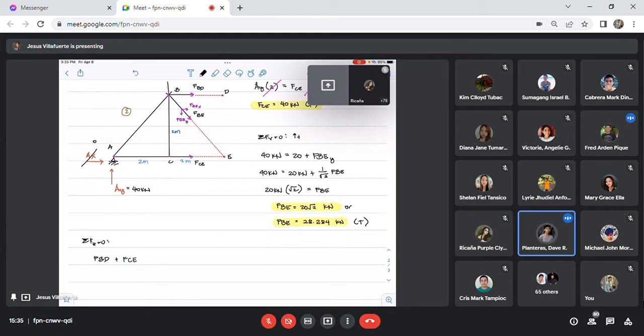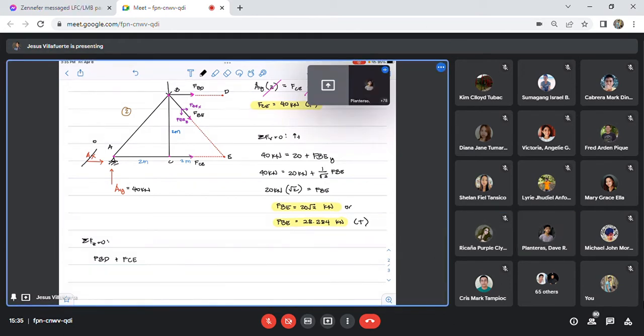AX, the horizontal component of FBE. So what is the horizontal component of FBE? It's 1 over the square root of 2 FBE. What else? We have AX, but we all know that AX is equal to 0. So, wala na.